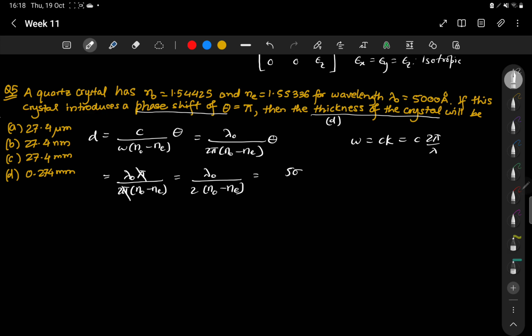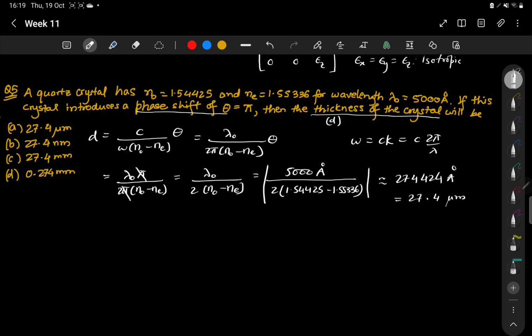So lambda naught is 5000 angstroms over, and we will take the mod value of this, and this comes out to be roughly the following, which is nothing but 27.4 micrometers. So the correct option is option A.